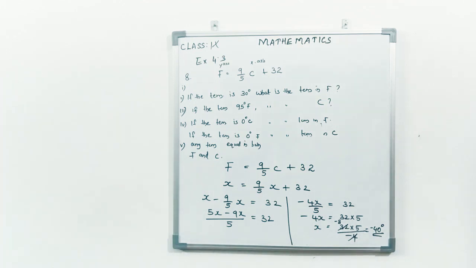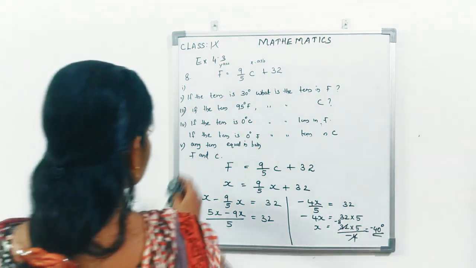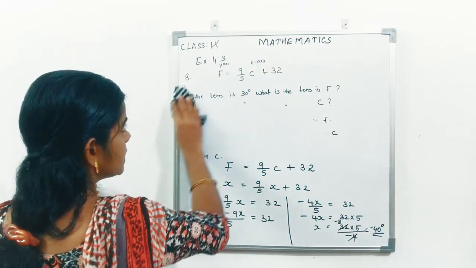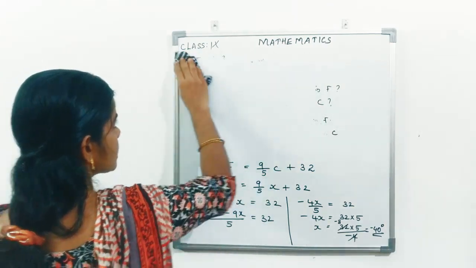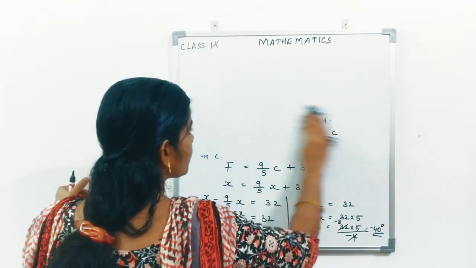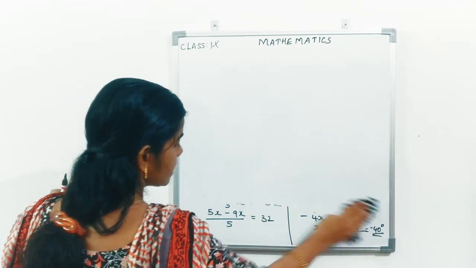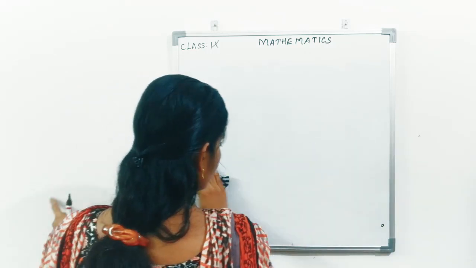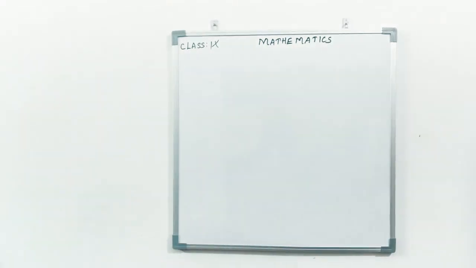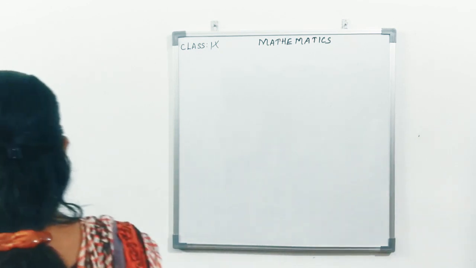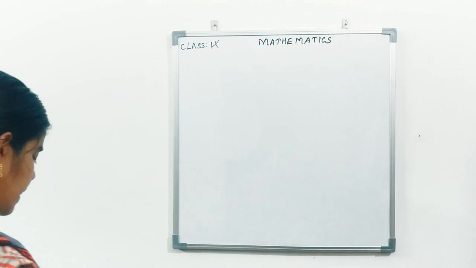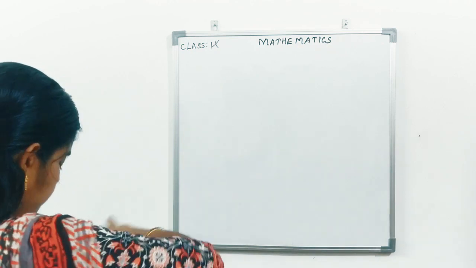Next we are discussing a new type of graph, that is equations parallel to the x-axis and the y-axis. We can look at the questions also. Next one is equations of lines.